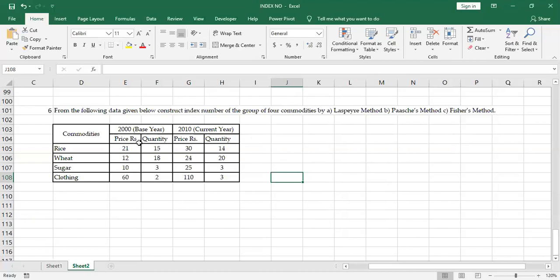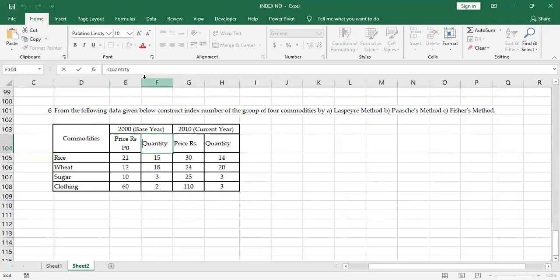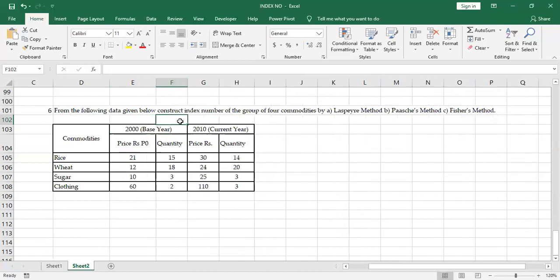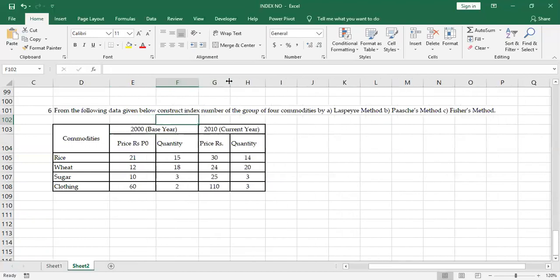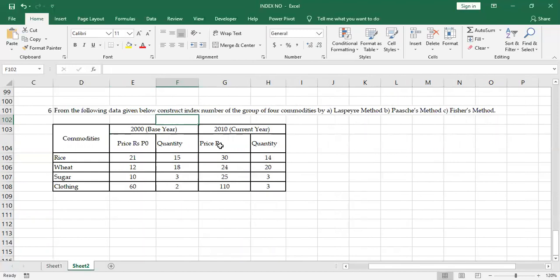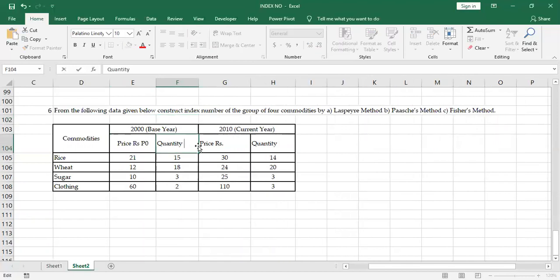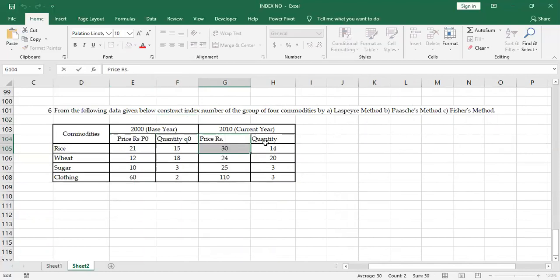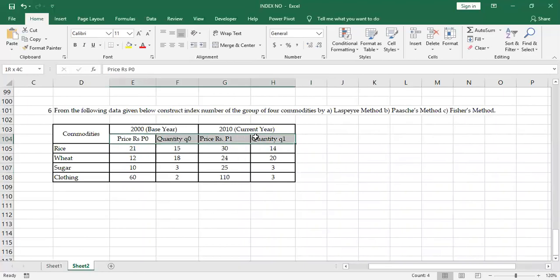The price of 2000 is considered as P naught, and the quantity of 2000 is considered as Q naught. I'm just making a note of this. The price of the current year is considered as P1 and the quantity is considered as Q1, which I have highlighted here.